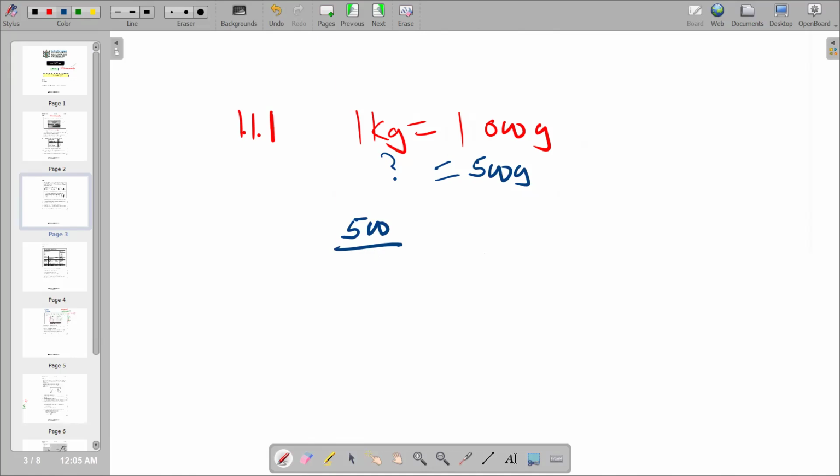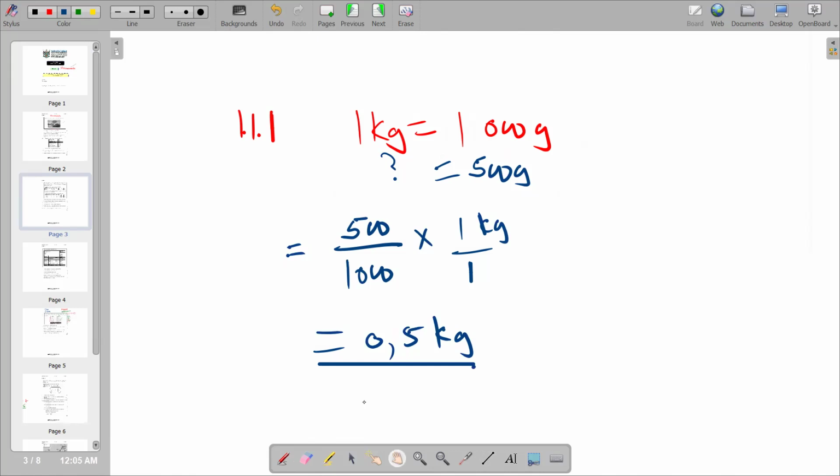So we divide it by 1,000, and then we multiply by 1 kg. If you do that, you're going to get your answer as 0.5. So your answer is 0.5 kgs. This becomes your final answer.